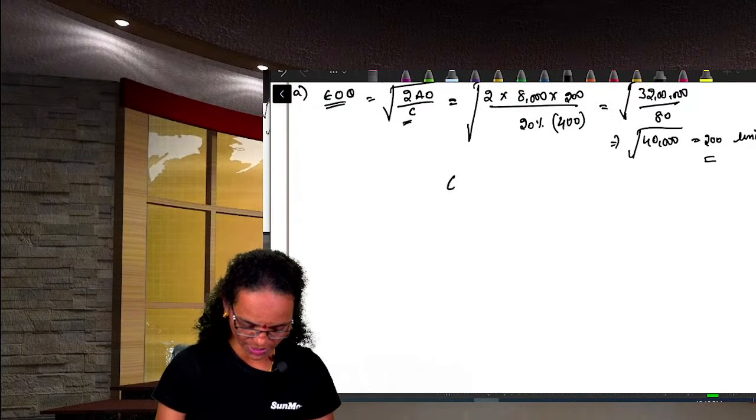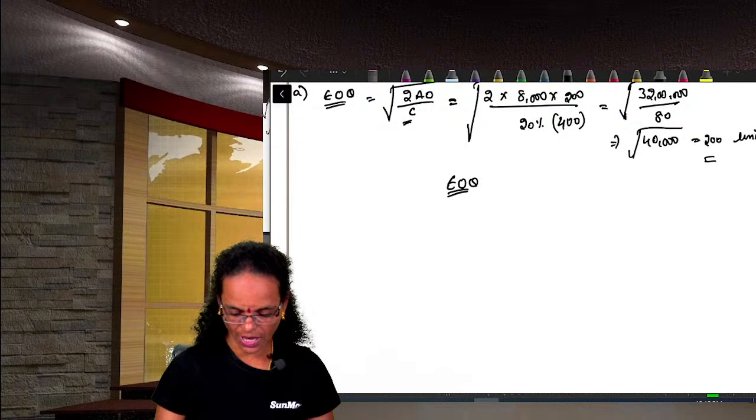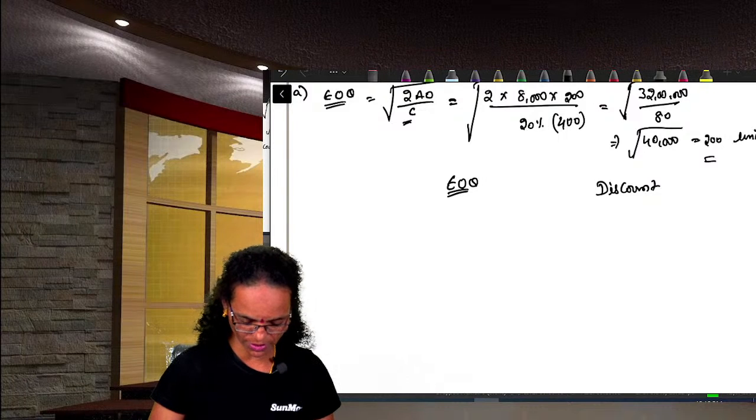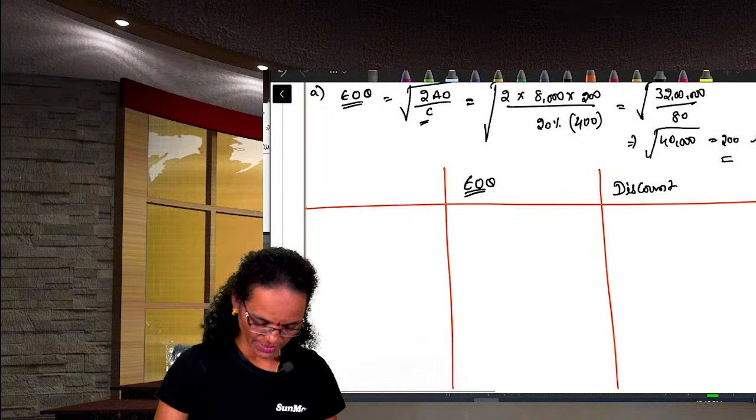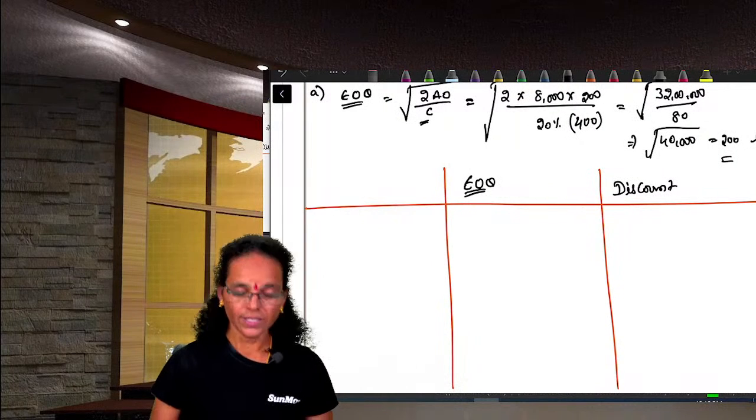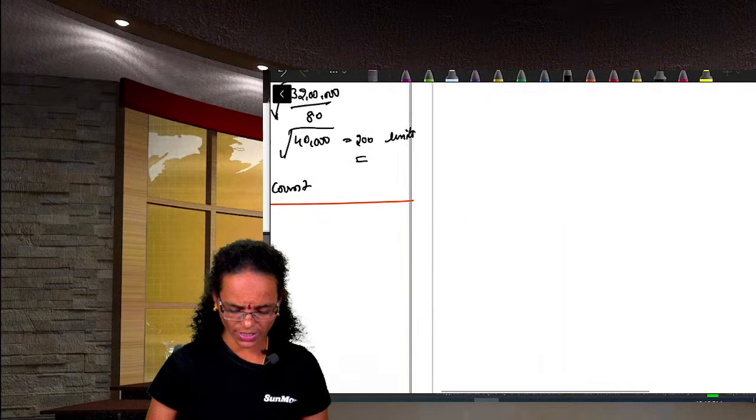Here one is economic order quantity, other one is discount factor, discounted one. See, purchase cost is nothing but what?